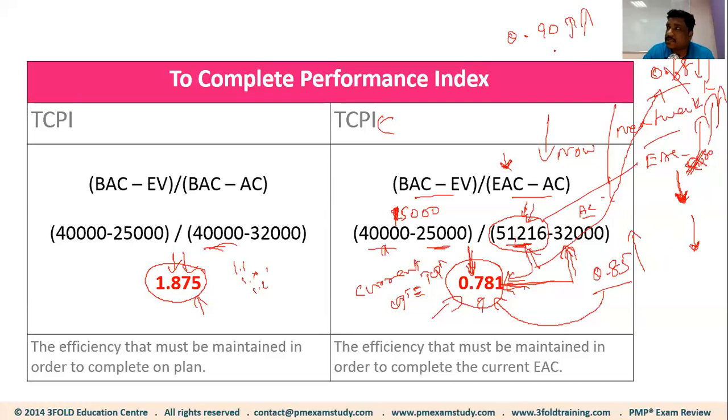If that happens, the TCPI will actually go down, because you had improved the performance, and you are expecting to maintain only 0.781 CPI throughout the project. Because you have improved the performance, you could be a little more relaxed for the remainder of the work. So what the TCPI could say is, no problem if you achieve 0.70 for the remainder of the work because you have improved the performance in the last 1 week.